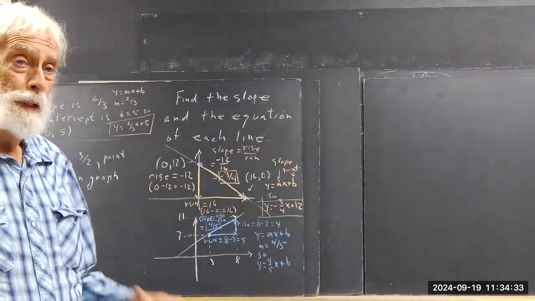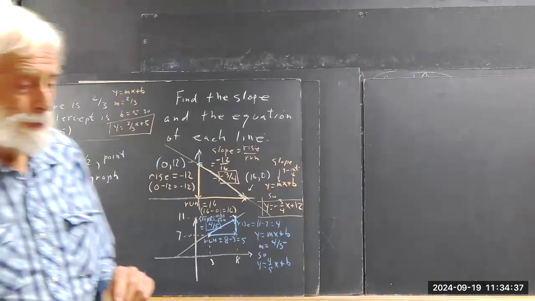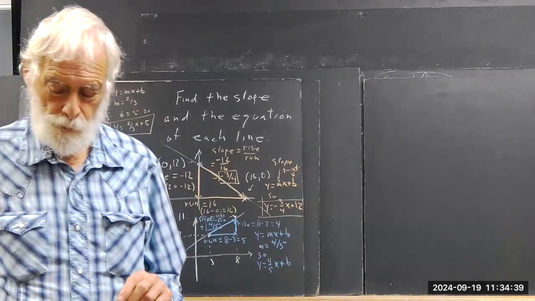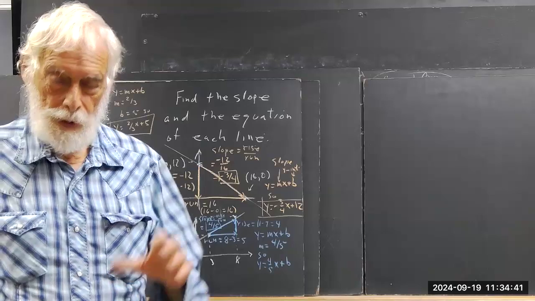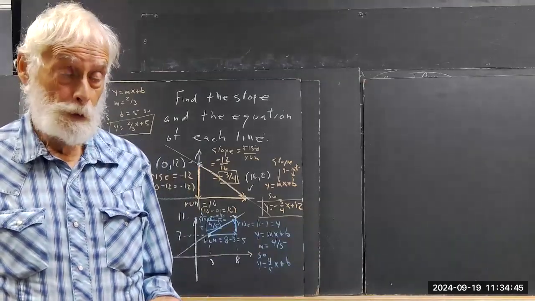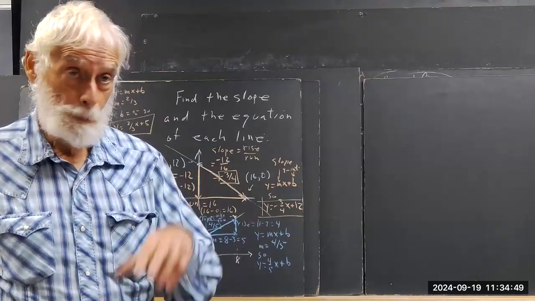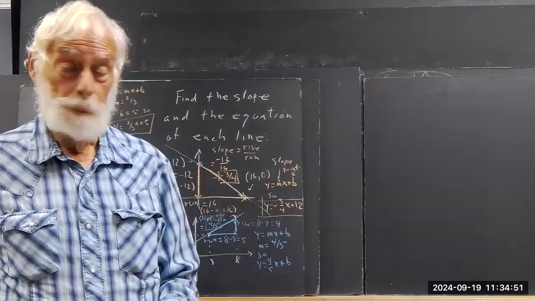Okay. Now I'm going to digress for a second on the idea that you need to be writing out all your solutions in your notebook. In my pre-calculus class, I require people to upload a picture.